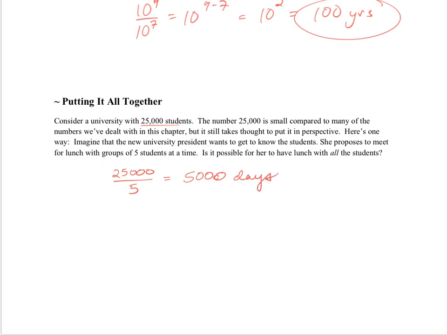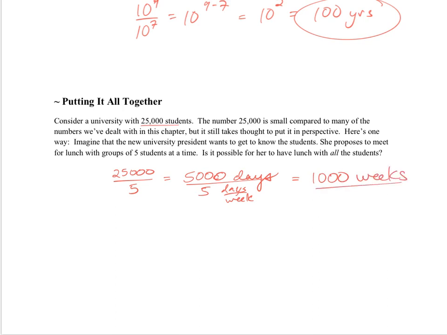Now, this still doesn't make too much sense here because 5,000 days can be crunched down into something like 17 years or something like that. But you may understand if you're out there in the workforce that you generally only work 5 days a week, Monday through Friday. So let's divide this by 5 days per week, and that gives us a total of 1,000 weeks.